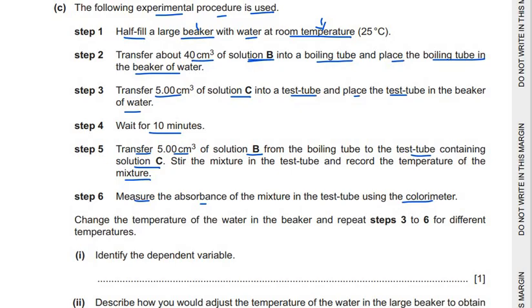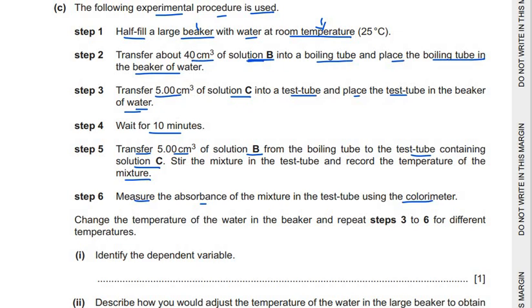So understand what is happening. First, we are taking solution B in a boiling tube, allowing it to stand in a beaker so that we get a constant room temperature. We are taking solution C in a different test tube, and that also is kept in the beaker with water to make the temperature of the solution constant at room temperature.